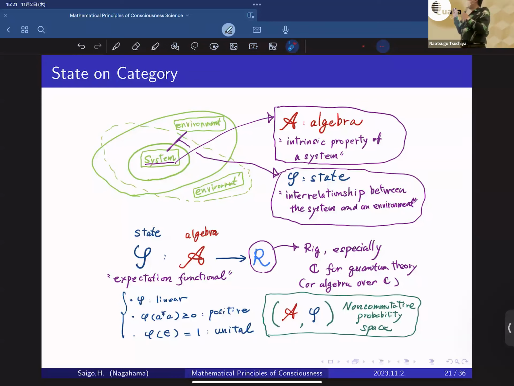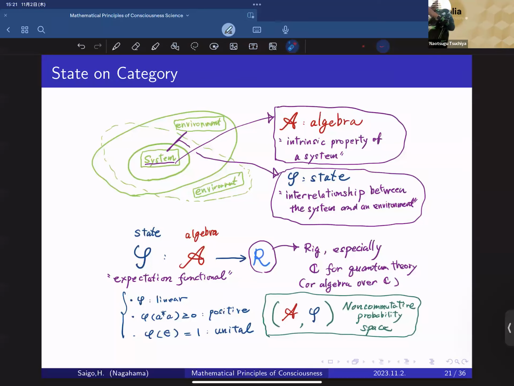But in this case, the important thing is the meaning of the state and algebra. This algebra is, in a sense, the intrinsic nature of the system. But intrinsic needs some explanation. The intrinsic nature of the system can be exhibited by some kind of transformational structure. Like Masanao explained yesterday, we have a measurement, we have some kind of symmetry.